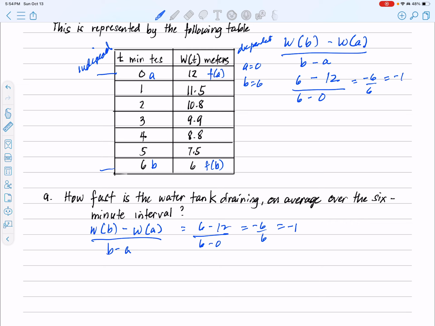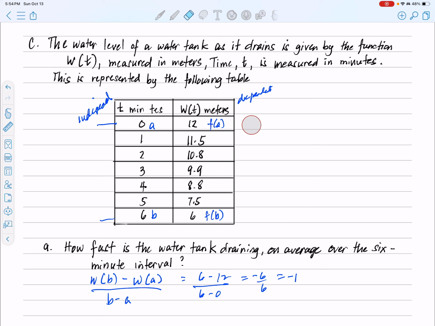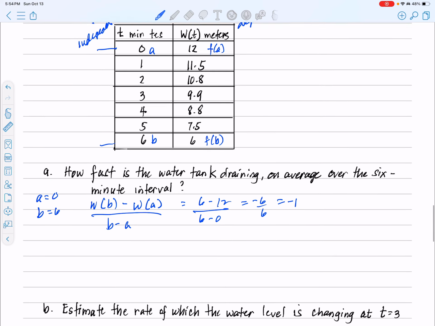That's negative 1. I'm going to erase this portion right here. So I could say that A is 0 and B is 6 for that question.